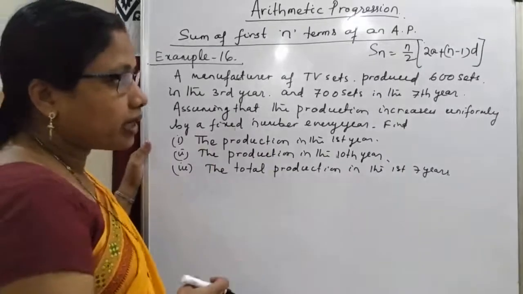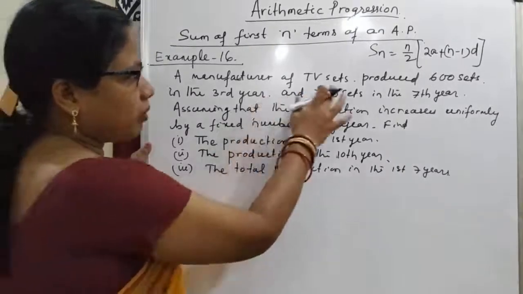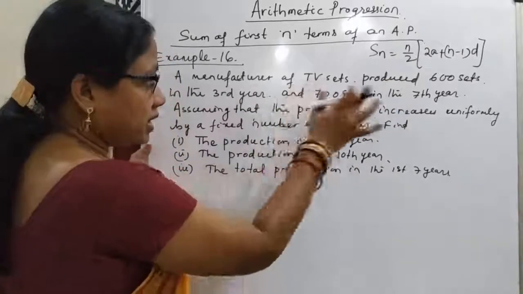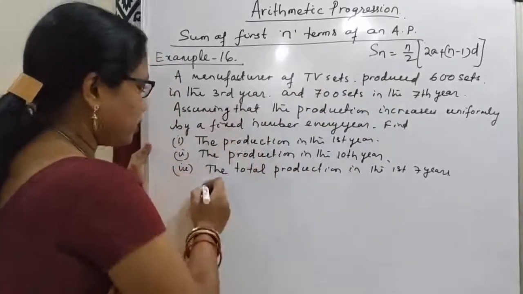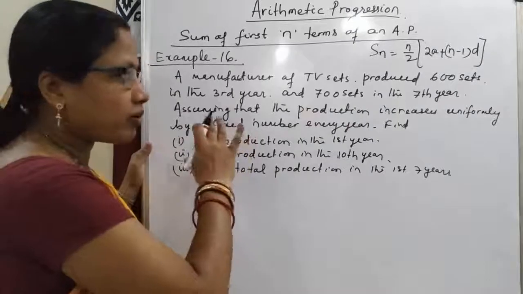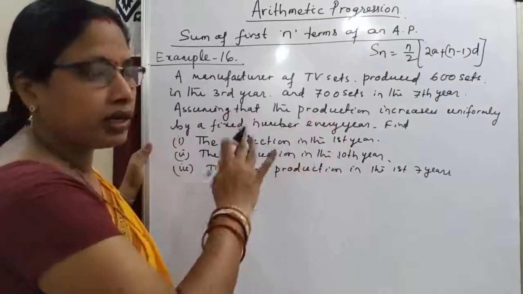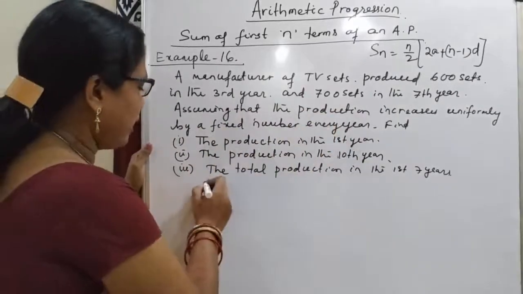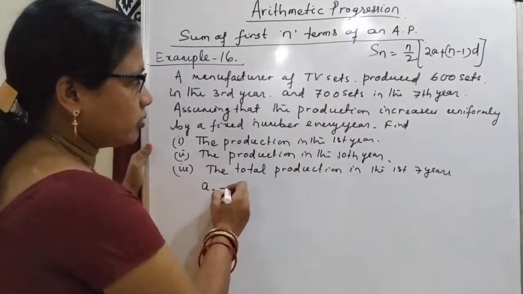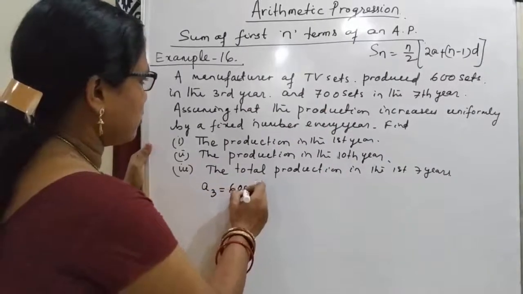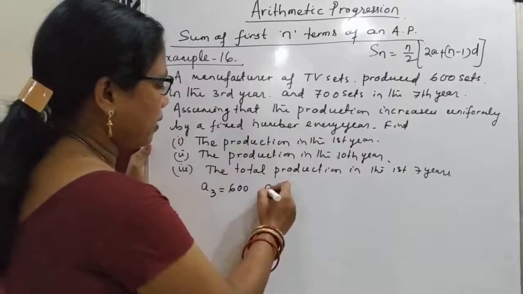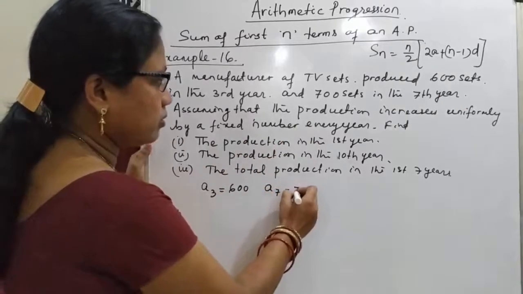So here what are given? First, the produced TV sets 600 sets in third year. That means if the number of production in every year are in AP, then A3 is equal to 600 and A7 is equal to 700.